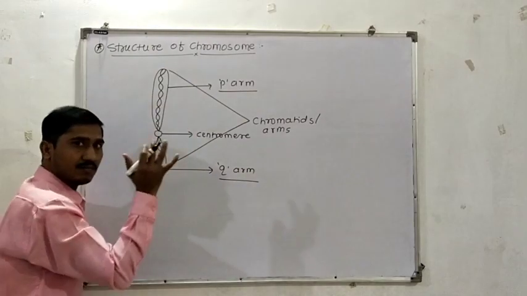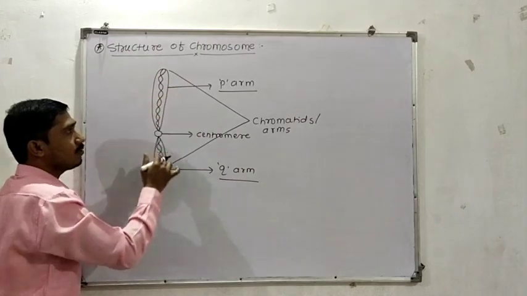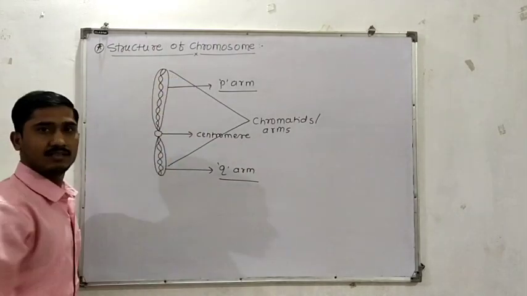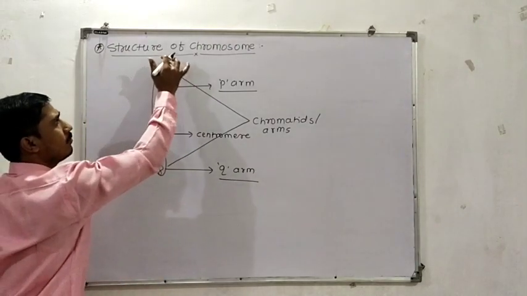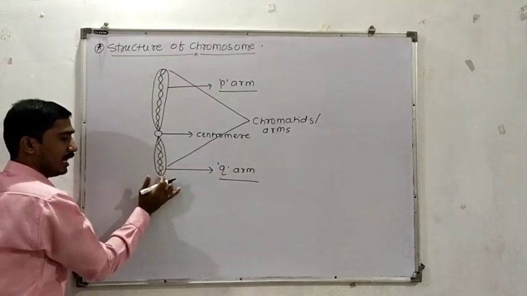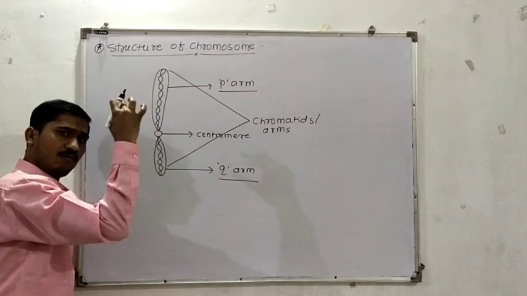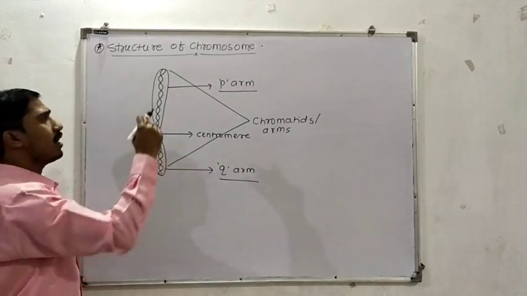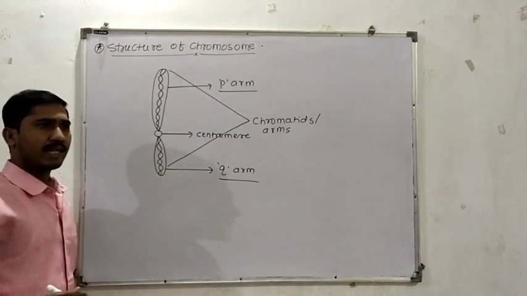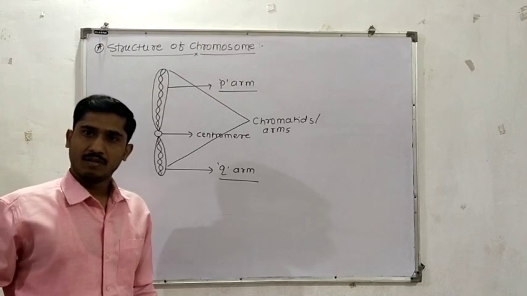The part of DNA composed by the chromatids lies from one chromatid to the end of another chromatid. Actually, DNA is a longer molecule.